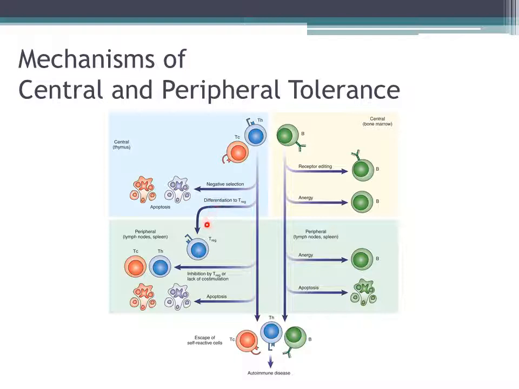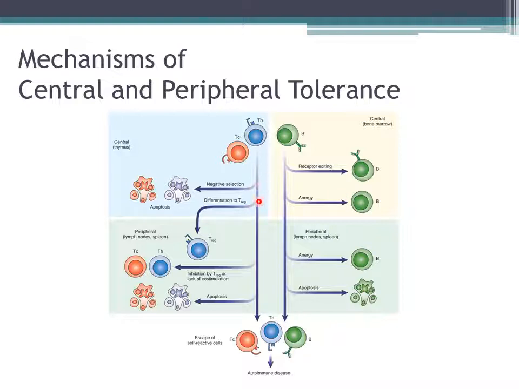Some of them turn into T regulatory cells, which play a role later in helping inhibit the autoreactive cells. Over here on the B cell side, the B cells that are self-reactive are shut down. They just quit functioning, or they get edited and made to be not self-reactive.